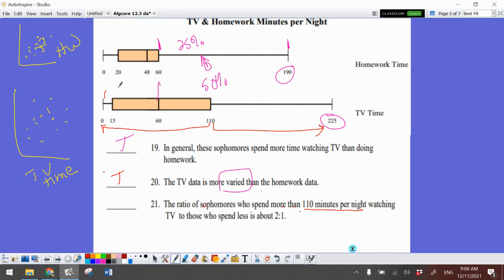So this is 1, 2, 3 sections versus 1 section. What do you think? Is that going to be a 2 to 1 ratio? Which one is actually bigger? Well, this is the bigger one because that's more sections. Okay, so that would be a false statement because 75% of your students watch less than 110 minutes per night. Okay, so that would not be a true statement.